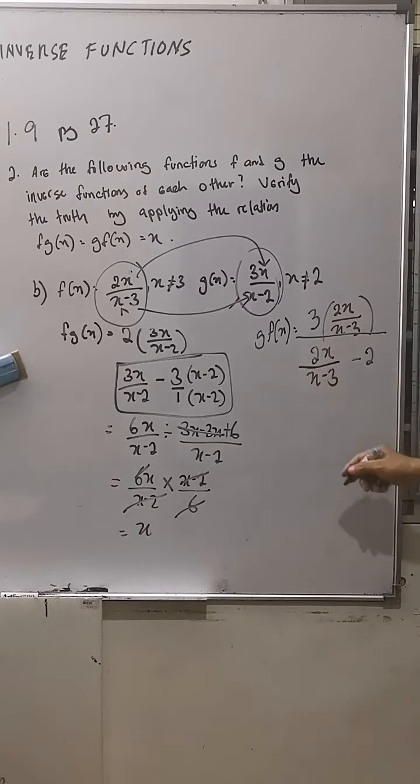Similarly, below here will be 2 over 1 multiplied with x minus 3. This is also x minus 3.